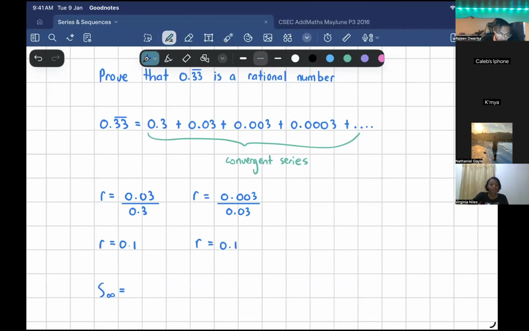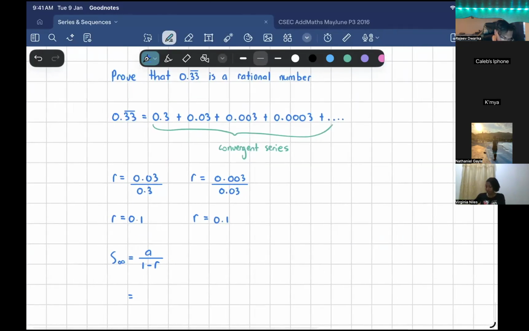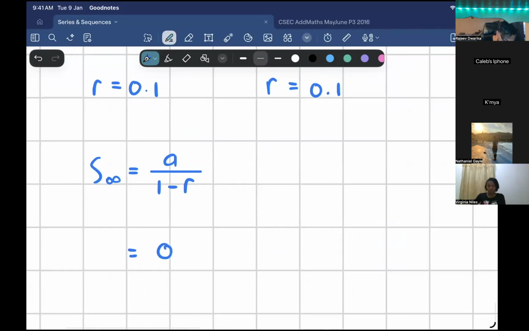Okay. Thank you. No problem. So is it the sum to infinity formula? A over 1 minus r. Our first term is 0.3. And the common ratio is 0.1.